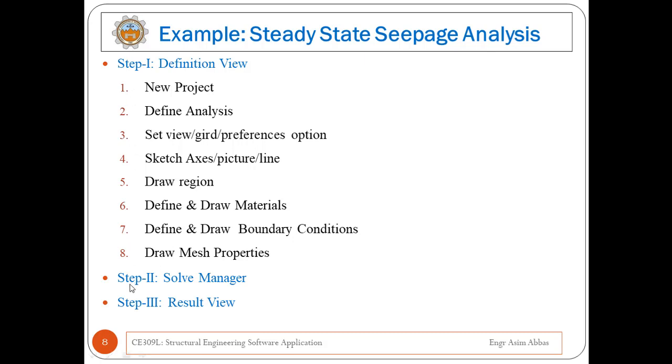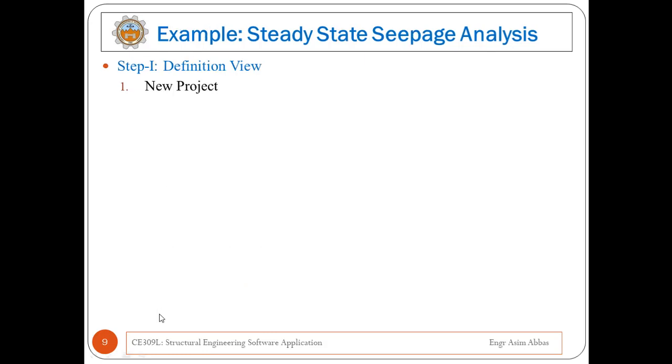When step 1 is completed, we will switch to step 2 where we will solve the problem, and in step 3 we will check different results. Now I will discuss each step in the coming slides one by one.